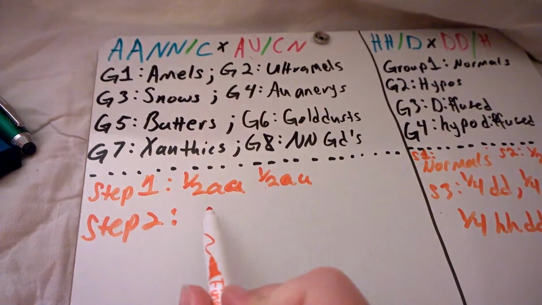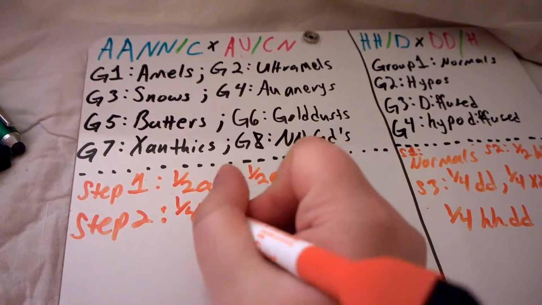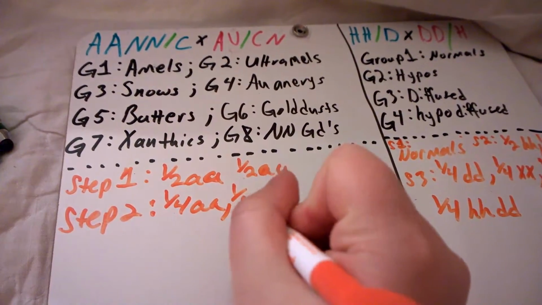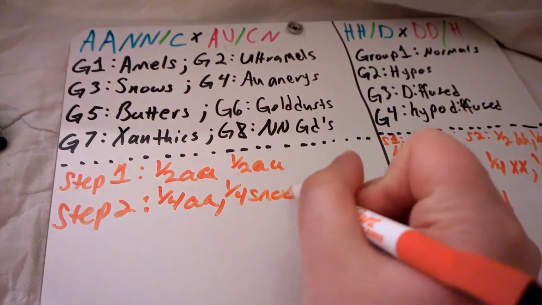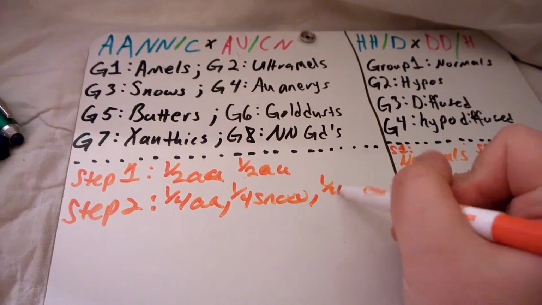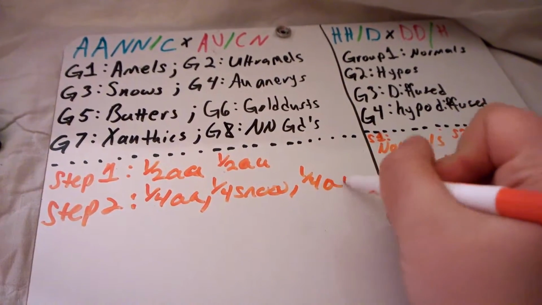We need to cut all of these in half. So 1/4 is going to be amel, like we had before. 1/4 is going to be snow. I'm just going to put snow, maybe. And then over here, 1/4 ultramel.